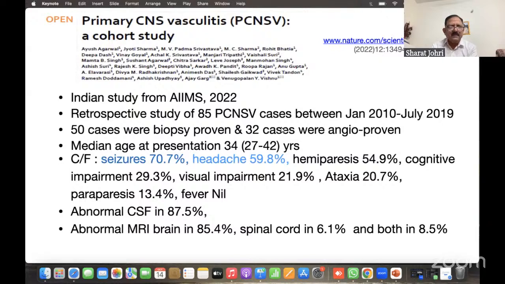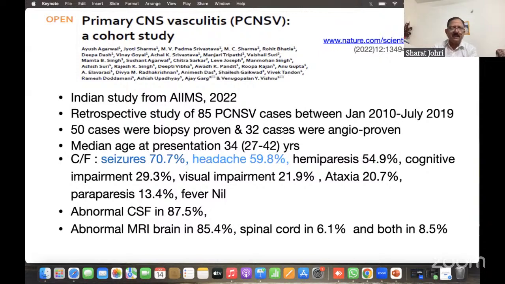In this study, seizure was the most common feature at 70%, followed by headache at 60%, and hemiparesis at around 50 to 55%. Cognitive impairment, visual impairment, and ataxia were also found. Paraparesis was reported in around 34% of cases.